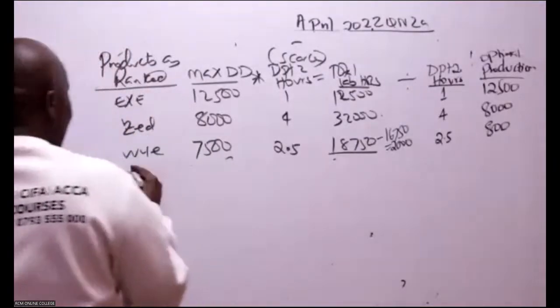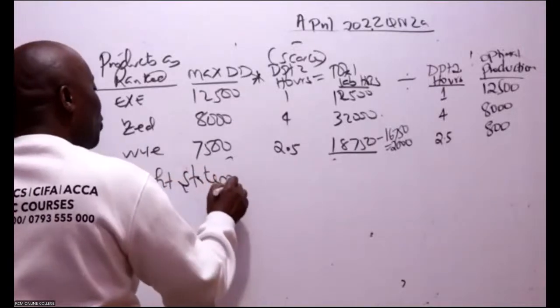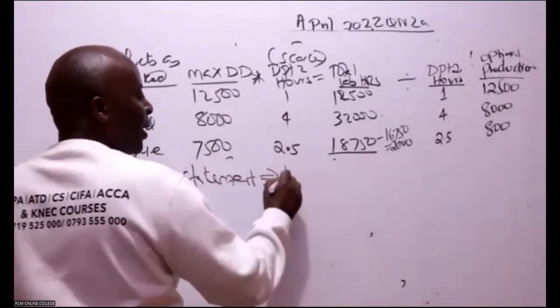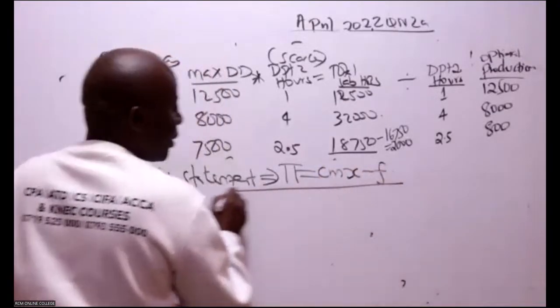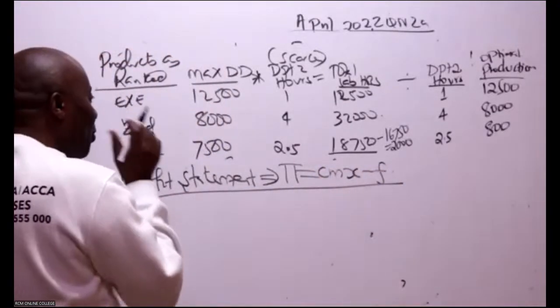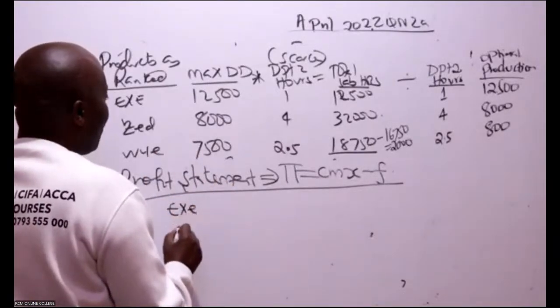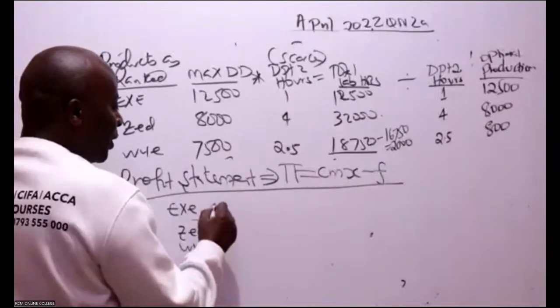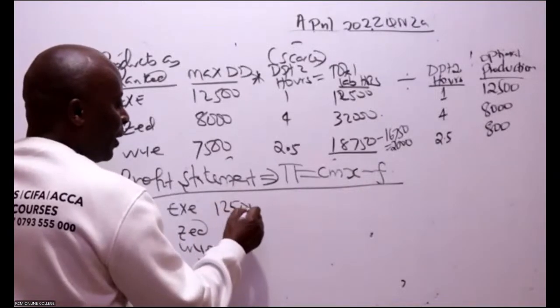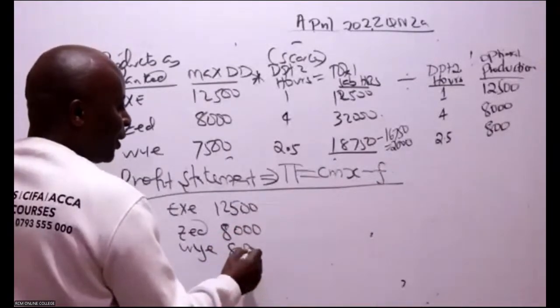So the profit statement. We are good students of management accounting. We know that profit is CMX minus fixed costs. I know the products that I'm producing: X, Z and Y. And I even know the units I'm going to produce and sell: 12,500, 8,000 and 800.